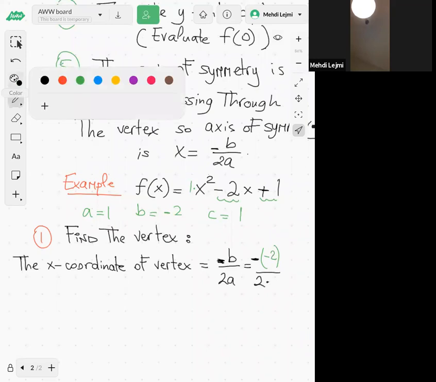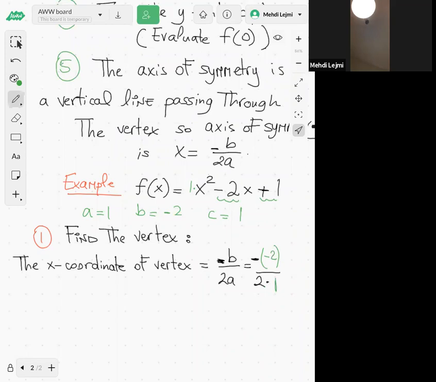That will be equal to positive 2 over 2, so x is equal to 1. So we are saying the x coordinate of the vertex is 1.